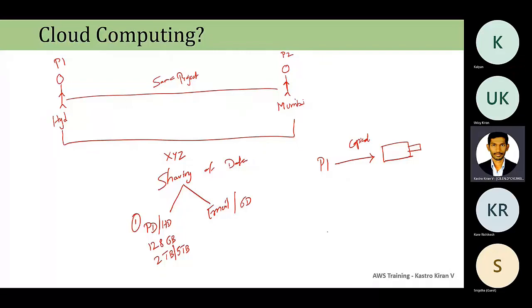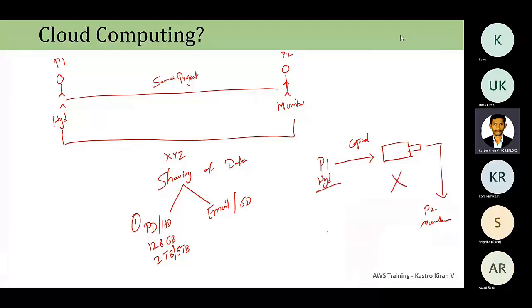That is an almost impossible task. Every time person 1 or person 2 wants to share the data, they cannot keep taking the pen drives or hard disk from Hyderabad to Mumbai or Mumbai to Hyderabad. It's a very complicated process and we don't actually need it.